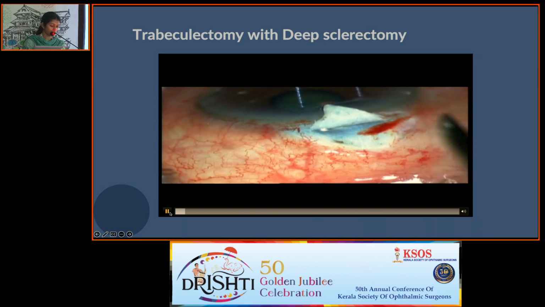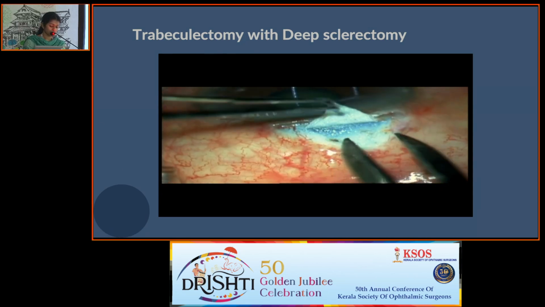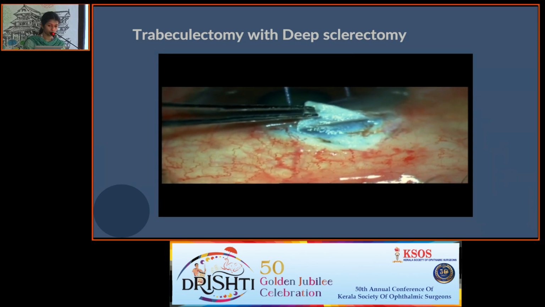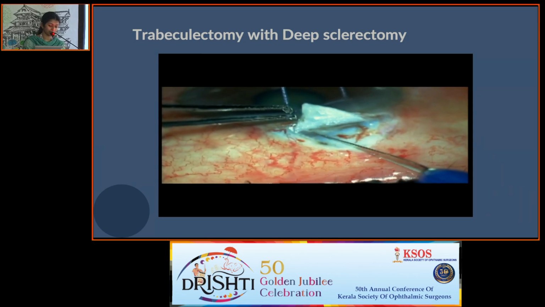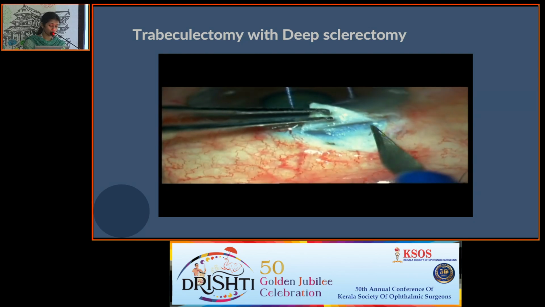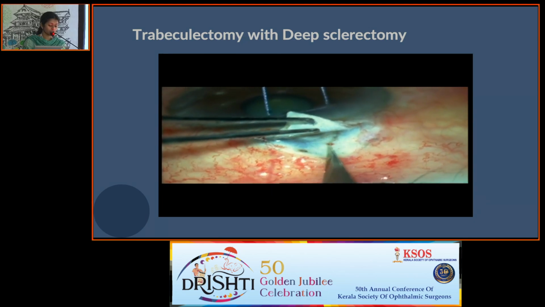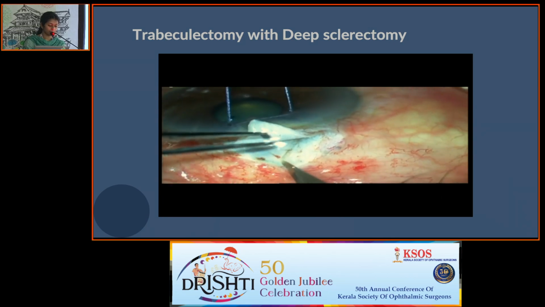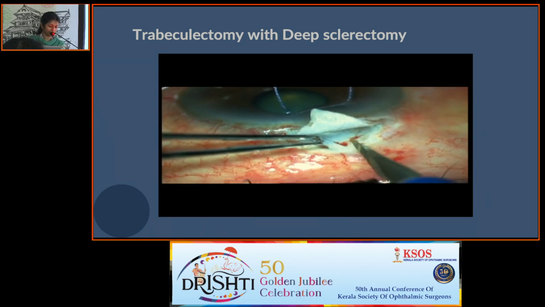after placing the corneal traction suture, the conjunctival peritomy was done, Tenon's exposed, and careful hemostasis done. A 0.2% MMC soaked sponge is applied subconjunctivally and removed after 2 minutes, followed by a thorough wash. A superficial scleral flap of 1/3 thickness, 4 × 4 mm, hinged at the limbus was dissected 1 mm into the clear cornea.